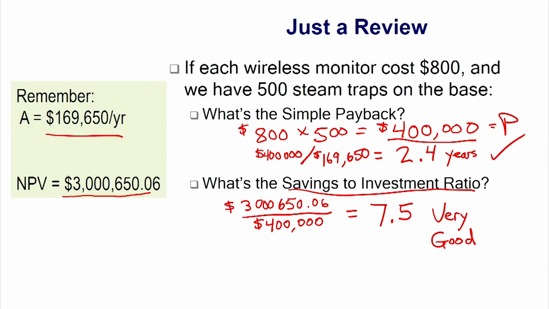But a 7.5, anything above 1.5, the AFCEC folks are looking for. Especially in the energy program, they're looking to make that investment. Now, some of these savings are in maintenance, and it's got to be greater than a certain percentage for them to invest in out of the energy program. But this is very competitive for an energy program investment. So that's a great example of how we now use this to make funding decisions.